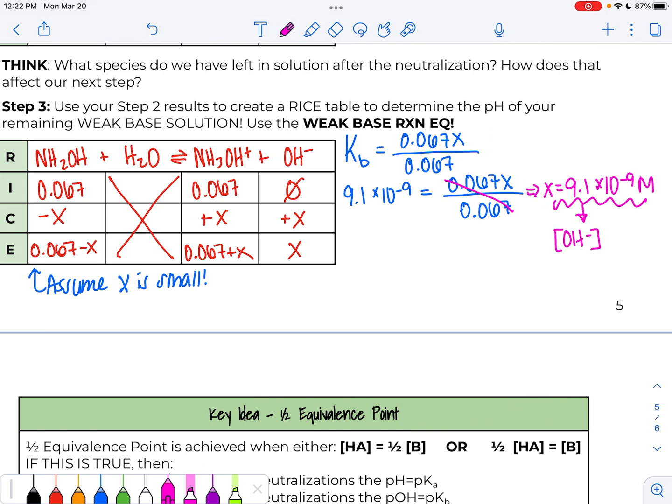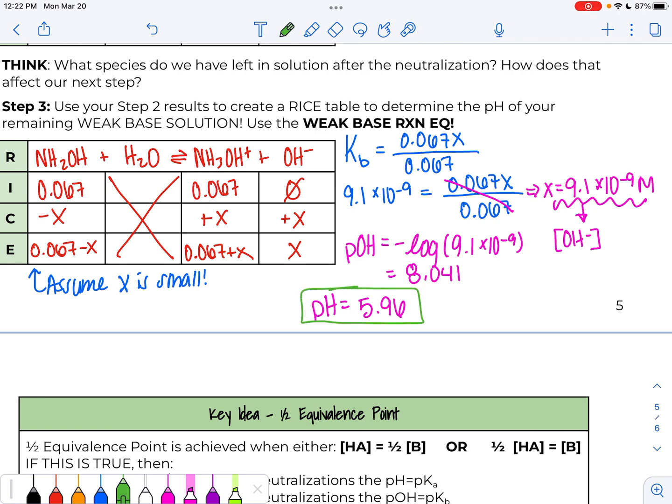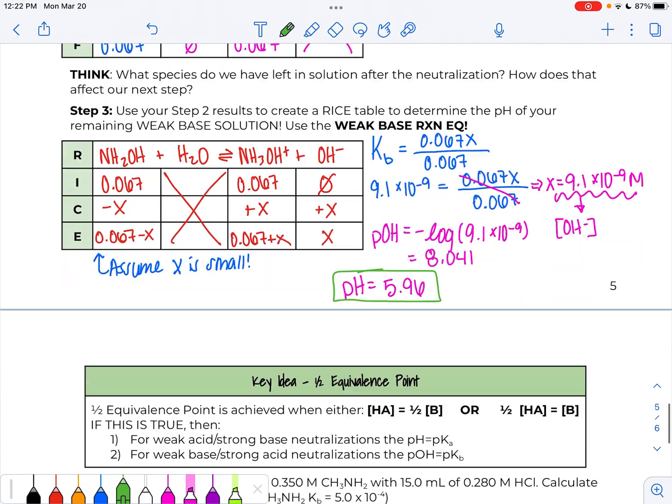Concentration of hydroxide. So if that's the concentration of hydroxide and I want to find pH, all I have to do is plug in pOH equals negative log of 9.1 times 10 to the negative ninth. Plugging this into my calculator, I get a value of 8.041. And then to solve for pH, I take 14 minus that value, and I get 5.96. Put a box around it, and you're done.